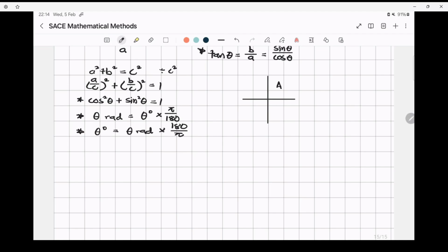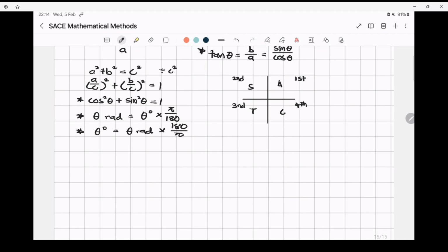For the first quadrant, your sine, cos, and tangent will all be positive, so let's just put A. For the second quadrant, your sine will be positive. For your third quadrant, tangent will be positive. And for your fourth quadrant, your cos is positive. So you need to know this as well.